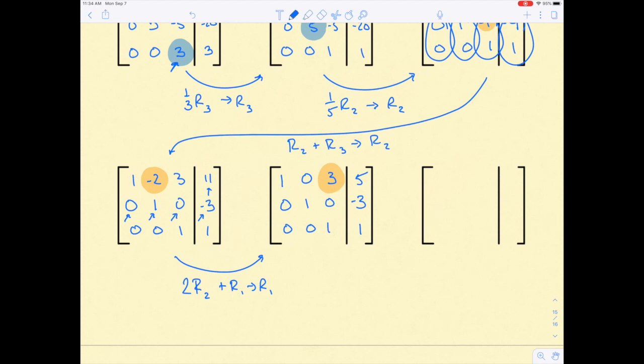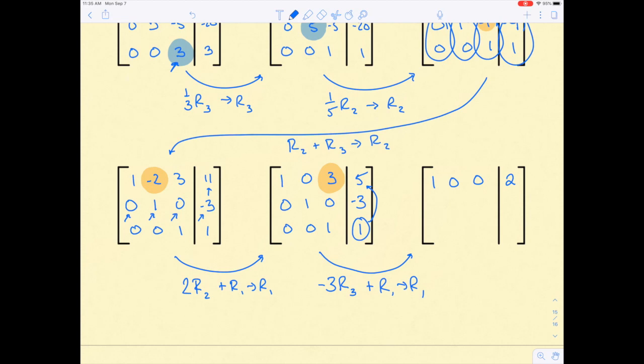Let's turn that thing into a 0 at this point, and you can probably guess how we're going to do it. We're going to use this number down here. We're going to take the third row, multiply it by the opposite of what we want, -3. We're going to add it to the first row, and put it in the first row, and we're going to be done. So we're going to get 1, 0, this is going to become a 0, and if I multiply this by -3, that'll be -3. -3 plus 5 is 2.